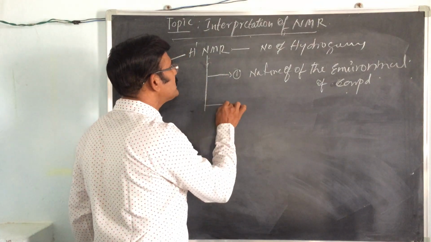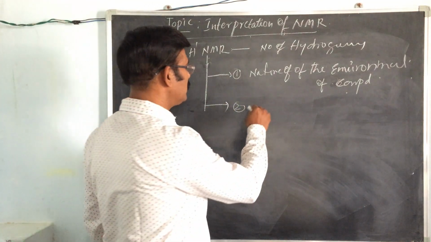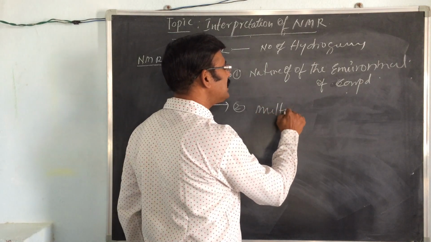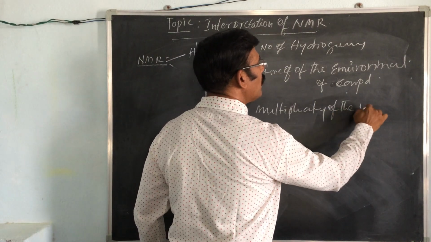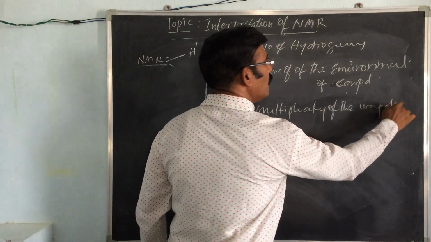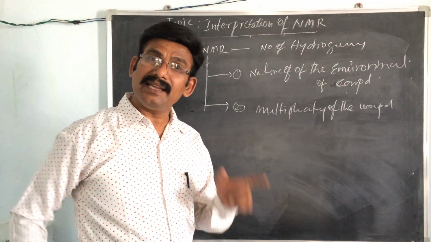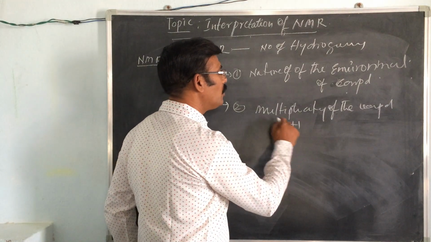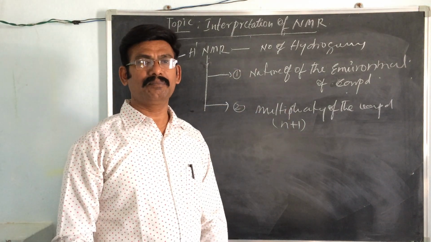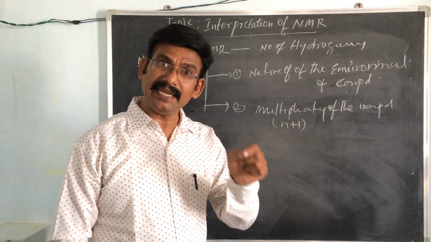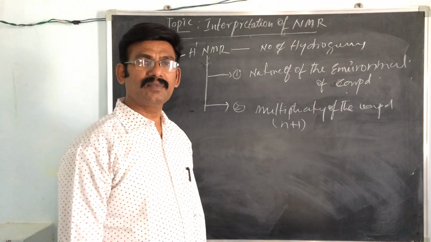The second one is the multiplicity of the compound. Multiplicity means, based on the n+1 rule, we have to know the multiplicity. Multiplicity means singlet, doublet, triplet, like that.